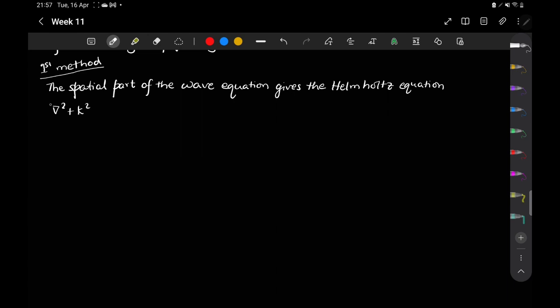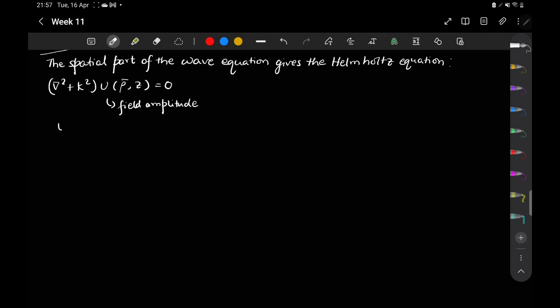So this is the Helmholtz equation, where u is the field amplitude, and we assume that this field amplitude has slow dependence on z.